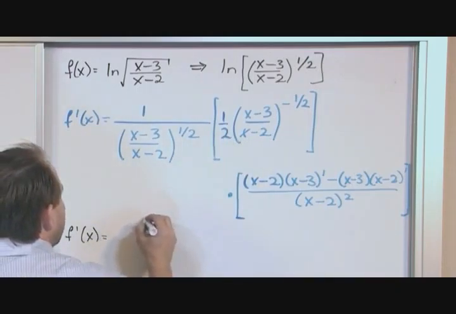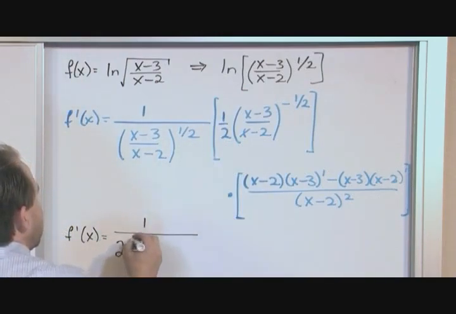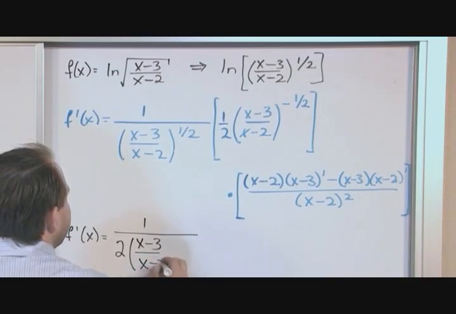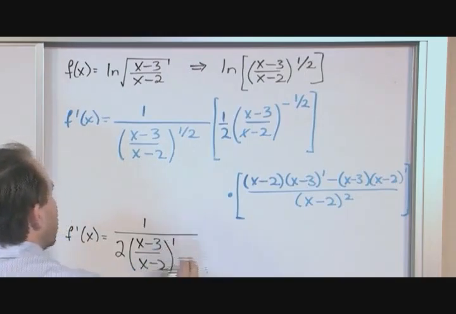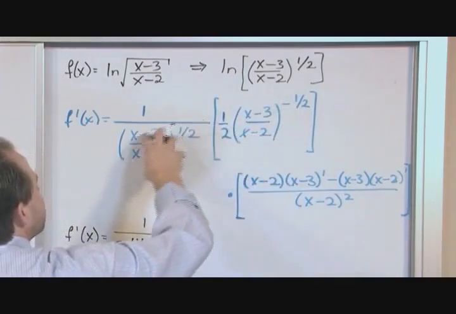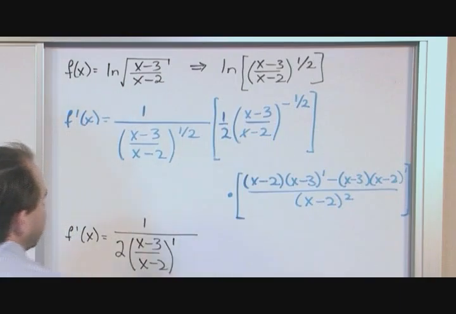So let me put 1 over. The 2 from the 1/2 comes out, and then I'm going to have x minus 3 over x minus 2. And I'm just going to put it to the 1 power because basically what happens is I take this and move it downstairs. It's multiplied by this term, so 1/2 plus 1/2 from here is going to give me 1. So I've added those together right there.